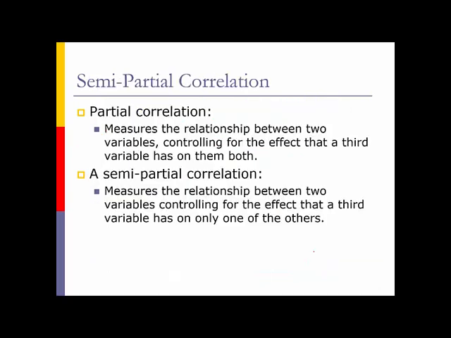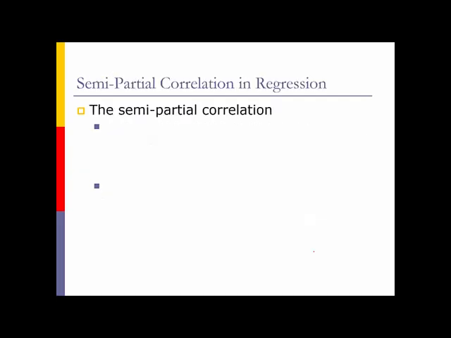So why semi-partial correlation? Again, partial correlation is measuring the relationship between variables, controlling for the third. And semi is measuring the relationship between the two variables, controlling for the effect the third has only on one of the others. So that one of the others is the outcome variable, and we're really going to focus on the semi-partial correlation.